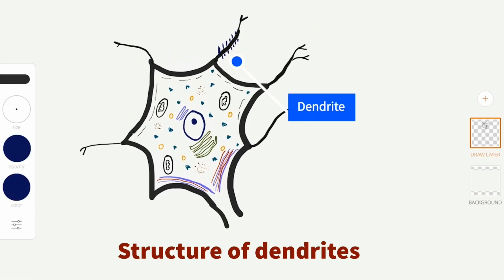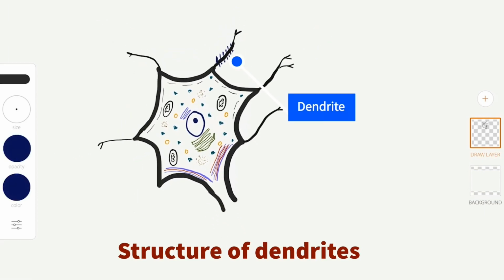The function of these dendritic spines or even dendrites is to increase the surface area. As we discussed earlier, the cytoplasm of dendrites resembles the structure of the cell body and contains almost all the cell organelles including the Nissl granules.